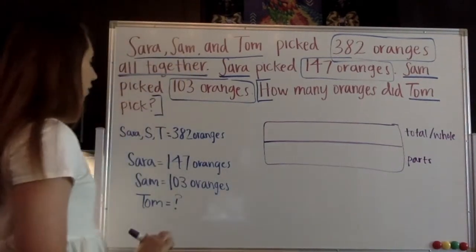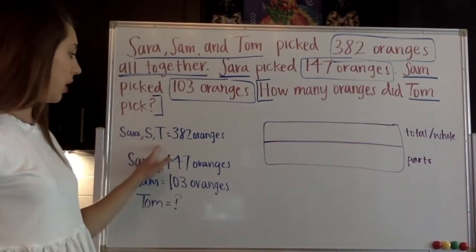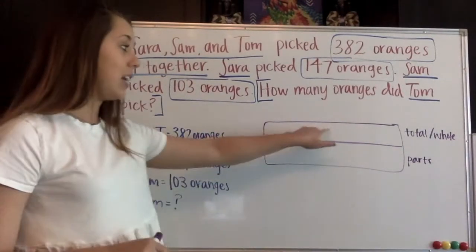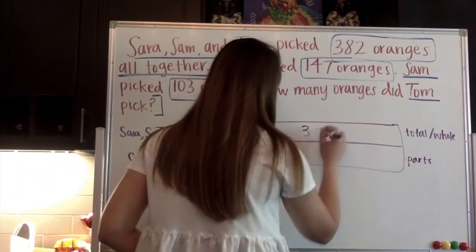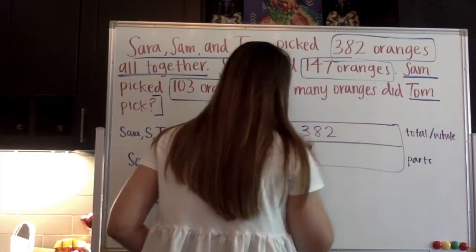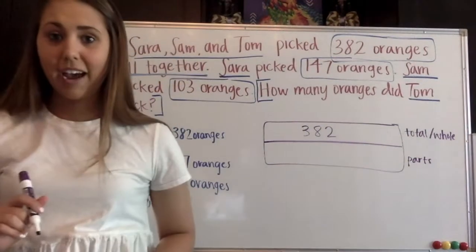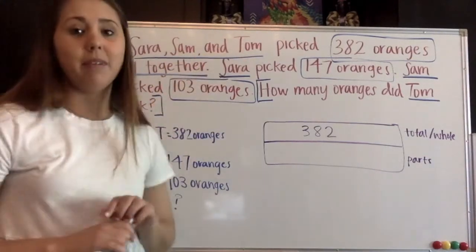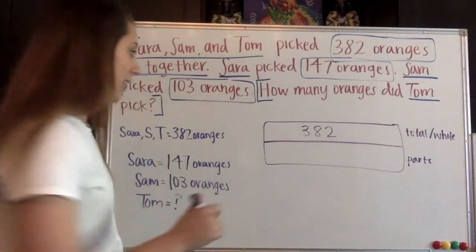So I know that in total, all together, Sarah, Sam, and Tom picked 382 oranges. So I know my total. So I'm going to put 382 in this box. Now, how many parts do I have? If I have Sarah, Sam, and Tom, that would be 1, 2, 3 parts.